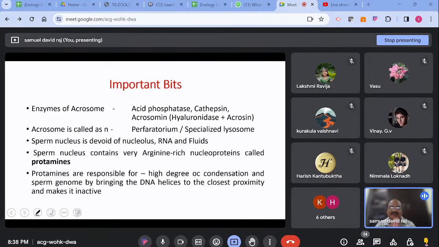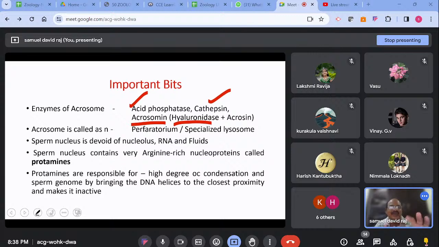Okay, and there are certain important bits which we want to share because they are not covered in the process of spermatogenesis. There are certain enzymes associated with the acrosome. They are called acid phosphatase, cathepsin, and acrosomin. When we deal with the acrosome, we generally remember only the enzyme hyaluronidase.